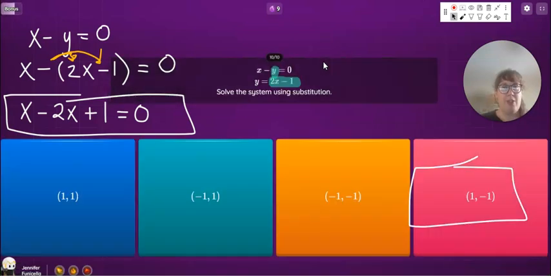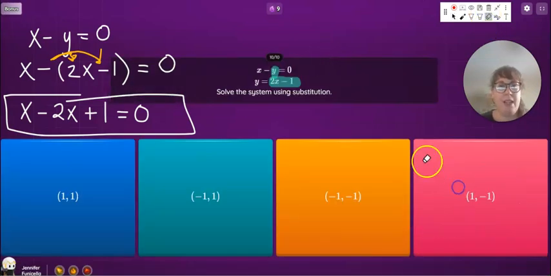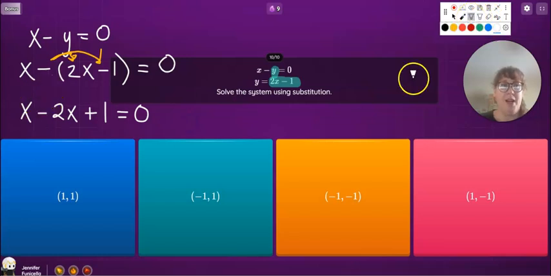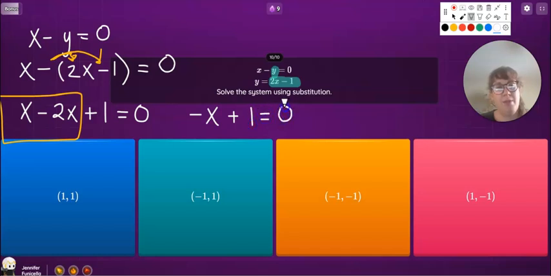And our final question in the quizzes today is solving this same system using substitution. So now we're going to do our x minus 2x, which gets us a negative 1x plus 1 equals 0. We can add that x over to make it positive and see that x equals 1, or we can subtract 1 on both sides and do it in 2 steps, and we'd get negative x equals a negative 1.